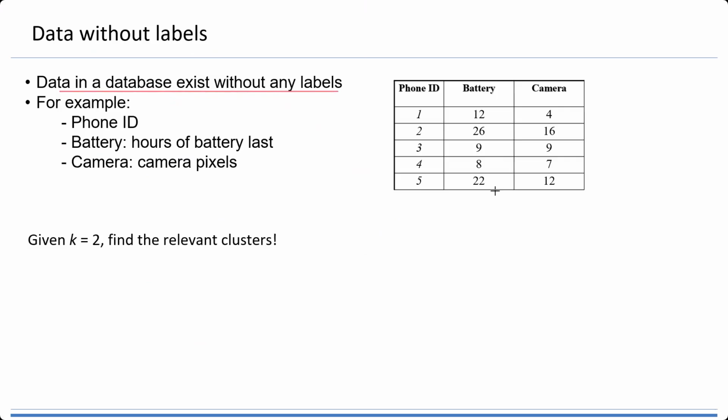We just have these numbers. Battery means how many hours the battery lasts, and camera means the camera pixels. Now, the task is: given k equals 2, find the relevant clusters. How can we find the clusters?